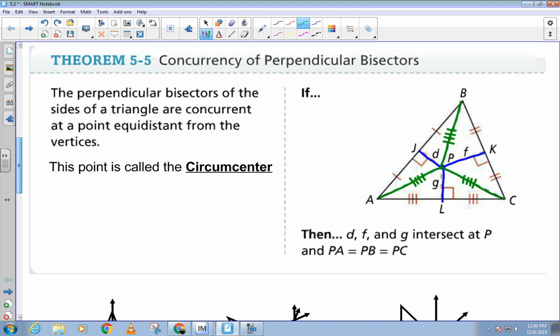This point right here is called the circumcenter. Okay, this point is called the circumcenter. It is created by the perpendicular bisectors, and it's equidistant to the vertices of the triangle.